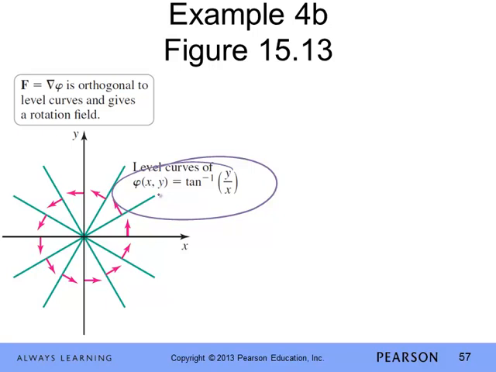What do you get? So what is the gradient of phi? Of course, that's going to be the partial of phi with respect to x, i hat, plus the partial of phi with respect to y, j hat.